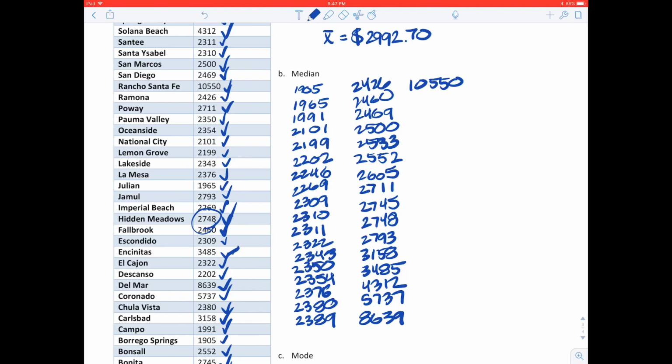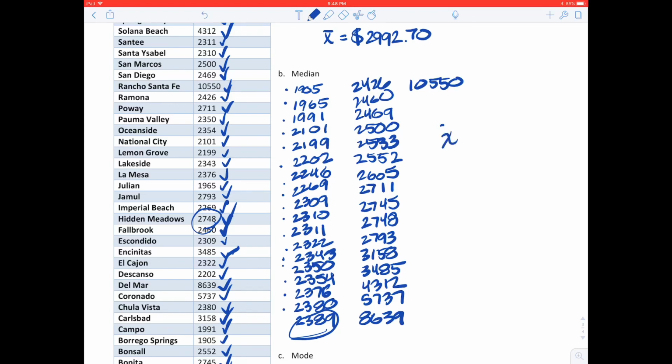So if I count in 17, right, that 18th number should be the center because there's an odd number. So 1, 2, 3, 4, 5, 6, 7, 8, 9, 10, 11, 12, 13, 14, 15, 16, 17, so 18.